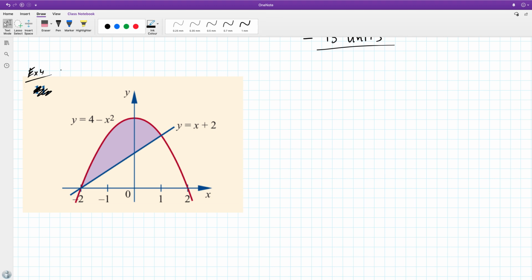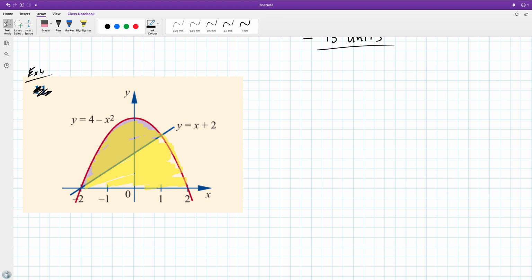If you integrate 4 minus x squared between 2 and minus 2, what are you actually getting? Not the area under the parabola or above this line. What you're actually getting, the easiest thing to do is do it on the actual screen itself, is you're going to get all of this. That's what you're getting. If you integrate 4 minus x squared between 2 and minus 2, that is what you're after figuring out.